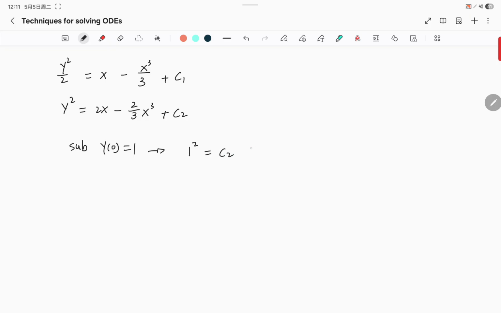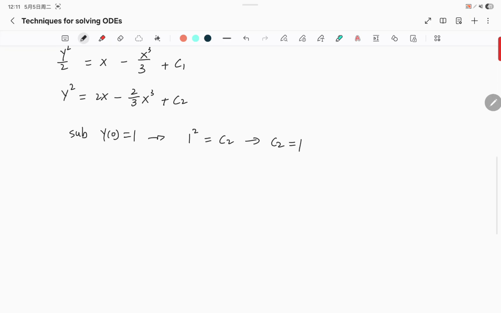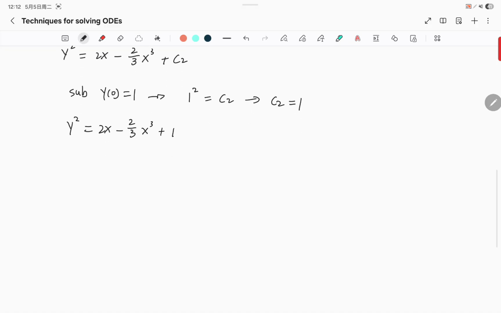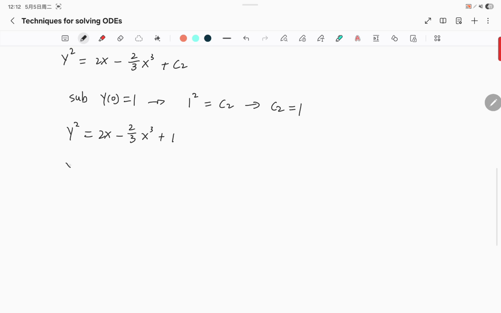So that means my c2 is just 1. Now we can write y squared is equal to 2x minus 2 over 3 x cubed plus 1. And don't forget that we need to take the square root now. So y is equal to the whole thing, square rooted. And there we go.